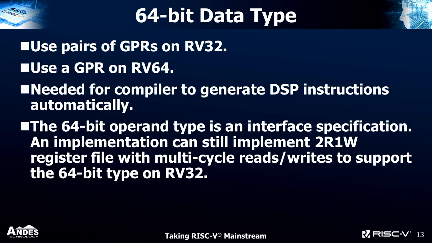The 64-bit operand in the instruction is an interface specification, and the implementation can still implement a 2-read, 1-write register file and use multiple read cycles and write cycles to support the 64-bit data types. You still get a performance improvement over the baseline operations.